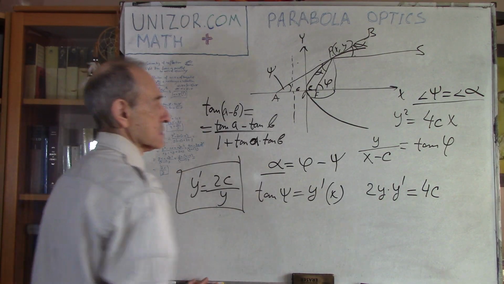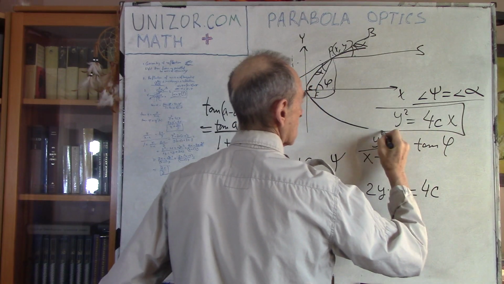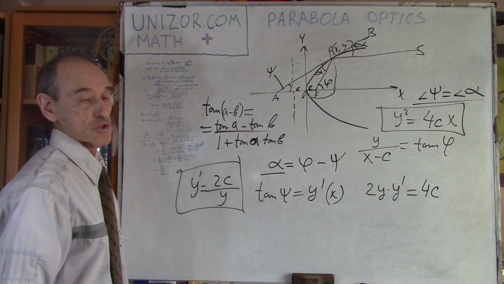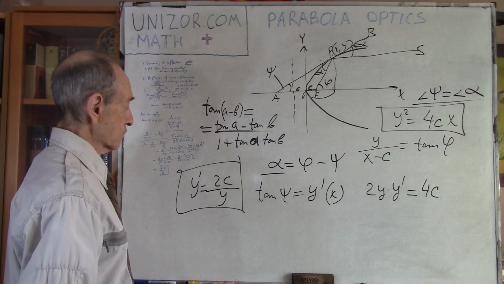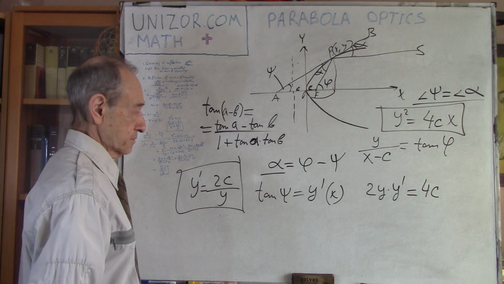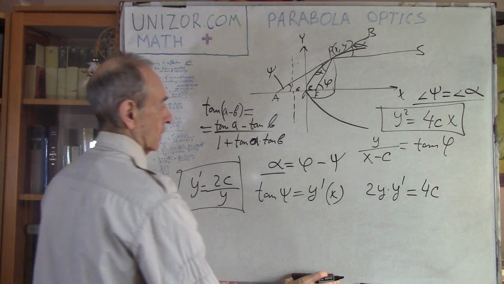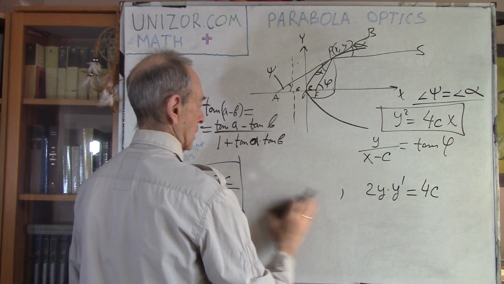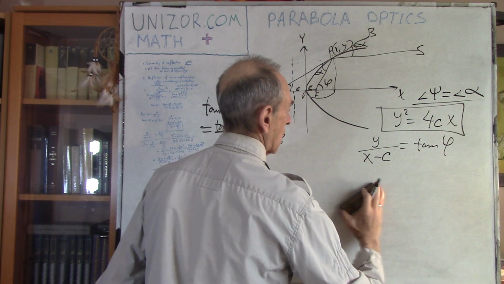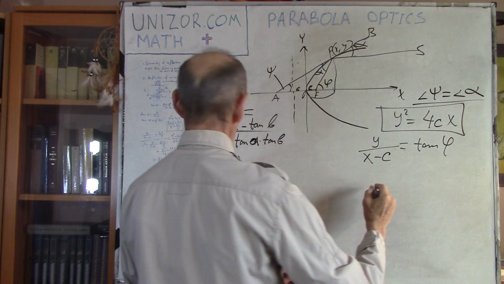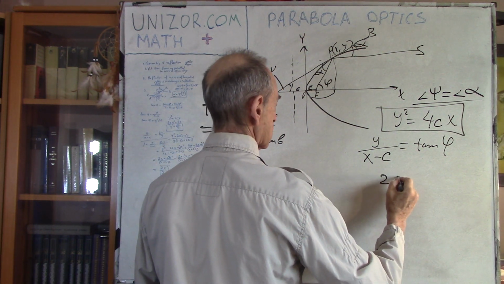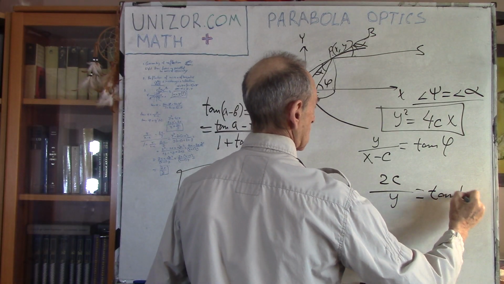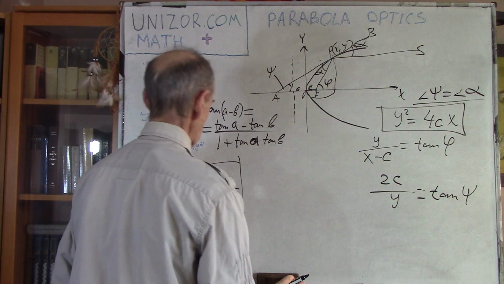Let's remember this. So from the equation of the parabola follows this equation for its derivative. All right, fine. So 2c divided by y is tangent psi. Great.